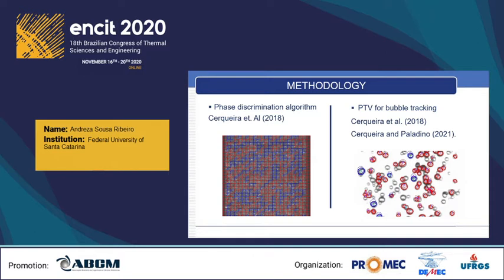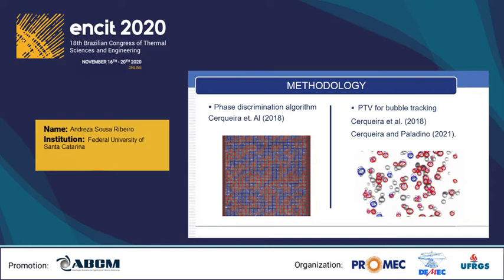However, the fluorescent light emitted by these particles can also be reflected by the interface, leading to a bias in the measurement of liquid velocity. Therefore, a discrimination technique presented in Cerqueira et al. was used.